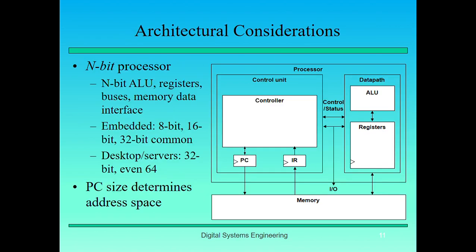Architectural consideration. For an n-bit microprocessor, we should have an n-bit ALU or arithmetic logic unit, registers, buses, memory, and data interface. Nowadays, embedded microprocessors are usually 8-bit, 16-bit, and 32-bit.